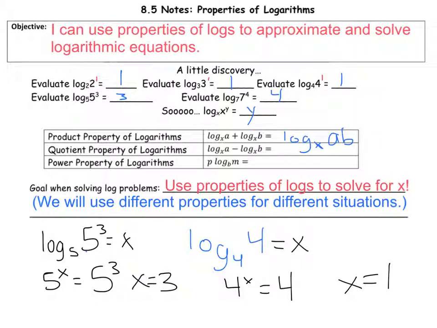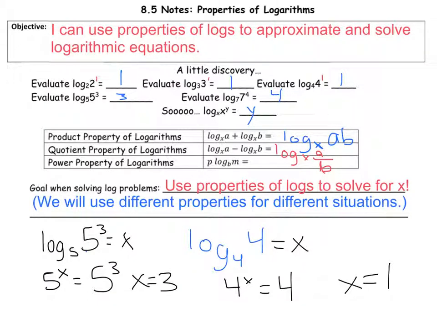Similarly, with the quotient property, we can go back and forth from subtraction to division, division to subtraction. So here, if I were going to write it as one log, I would write log x, and then whatever the first number or letter is going to be first, and it's actually going to be division, so we're going to have a over b.